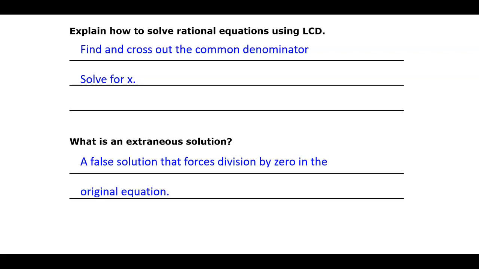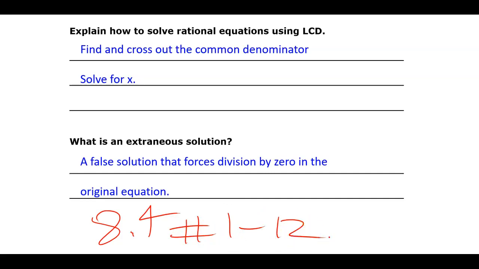So on these, you can just do number 1 through 12. You don't have to do the last two. All right, here we go.